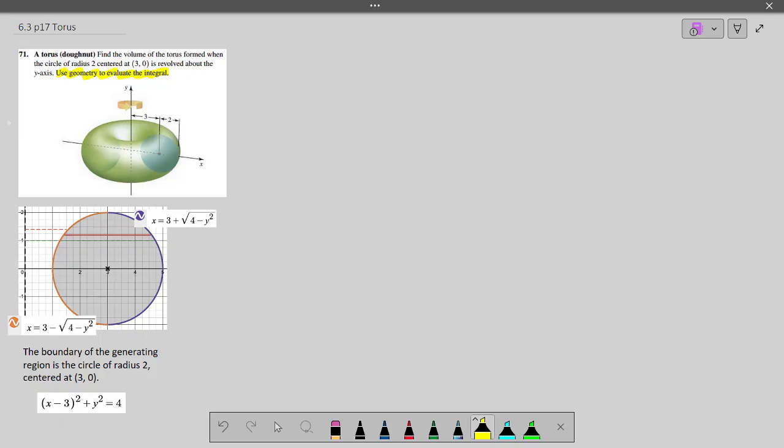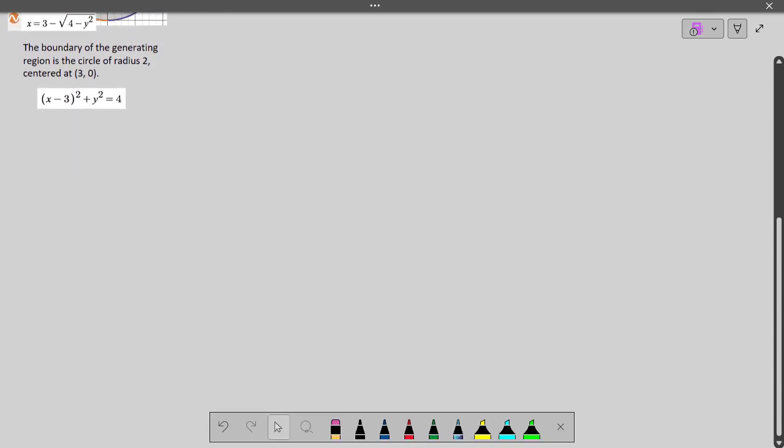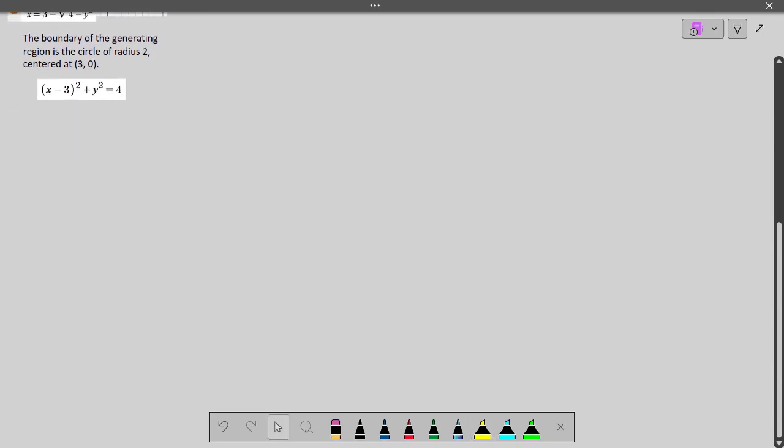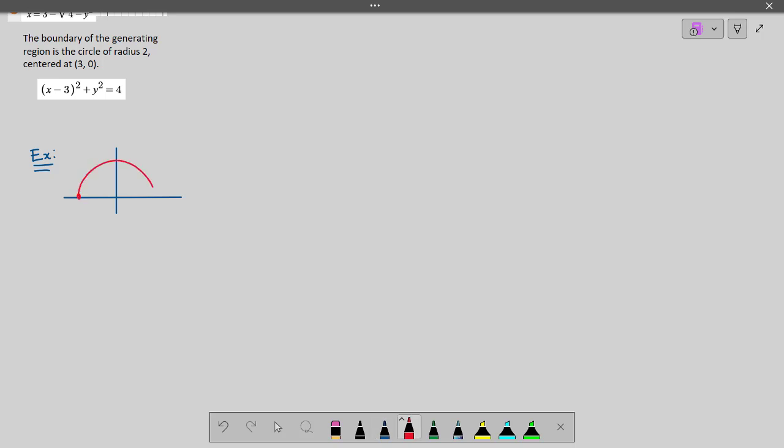Let's talk about that for a moment. Let's come down here for a minute and look at an example. So let's suppose we have the following setup. Let's suppose that we have a semicircle from -2 to 2.